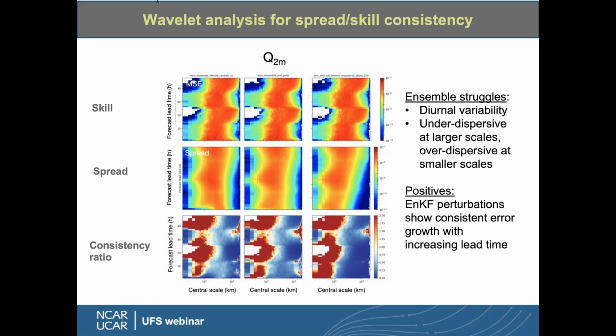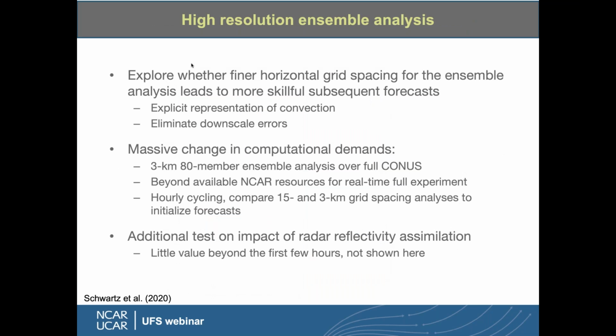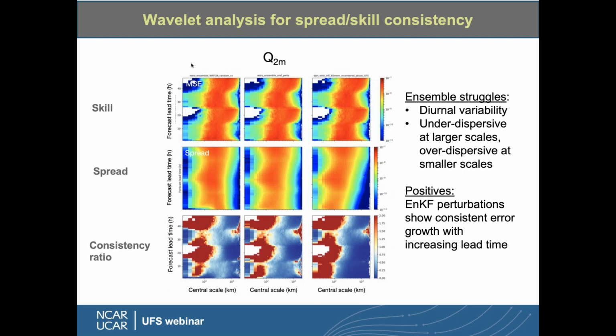And in this case, this is Molar diagrams of skill, spread, and consistency ratio. Within each panel, time is increasing from the bottom to the top. If you just, for instance, focus on the very upper left panel, this is the central scale for mean squared error.